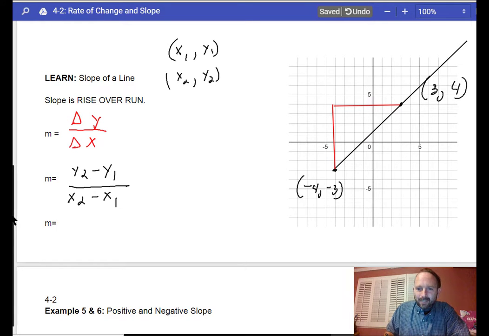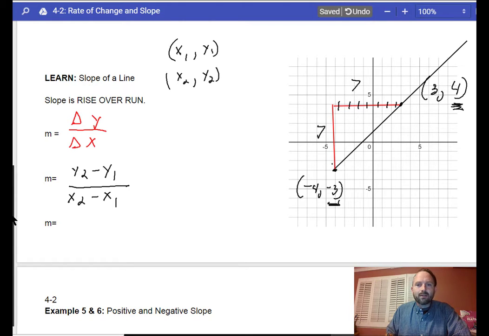I sometimes will flip my numbers a little bit. It's at -3. So the y, it's at -3. And then it's going to go to 4. So that goes up 7. Sorry, guys. And then it's at -4. And it goes to 3. So that goes over 7. Well, let's test that. Count the boxes. 1, 2, 3, 4, 5, 6, 7.